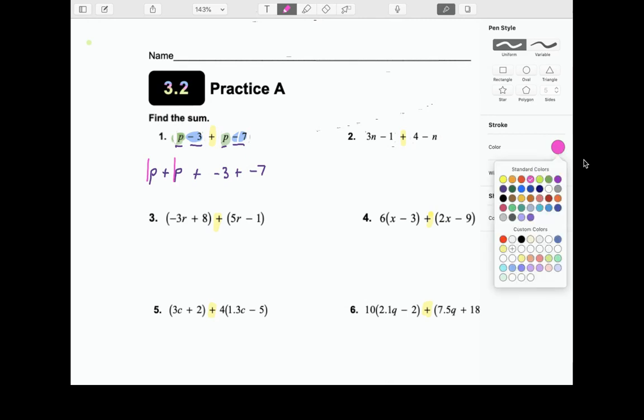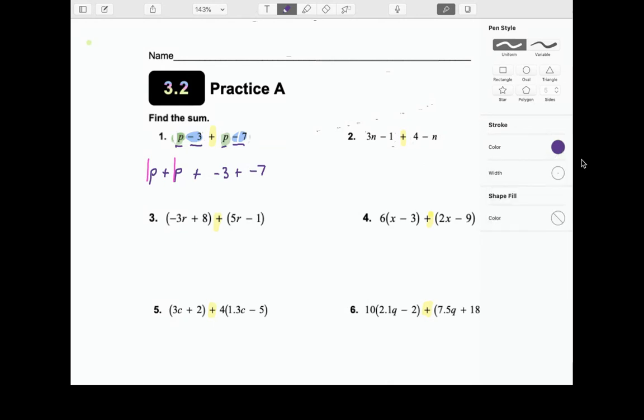Each one of those is like having a 1, because if it was 0, it wouldn't even be there. Because there is a p there, if there's no number, it's implied that it's 1. So 1p plus 1p is going to be 2p, plus the -3 plus -7.